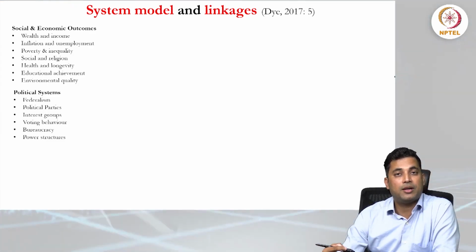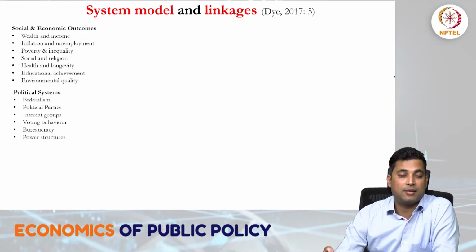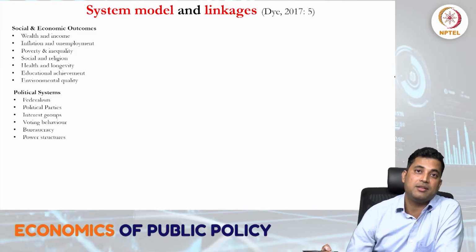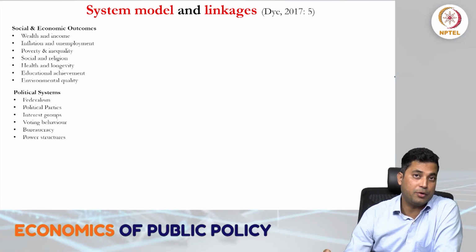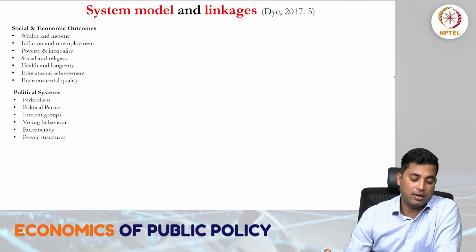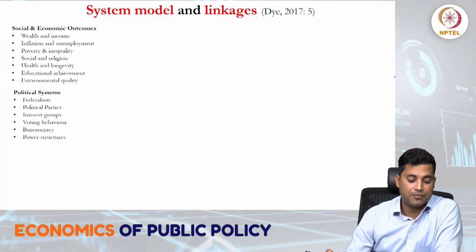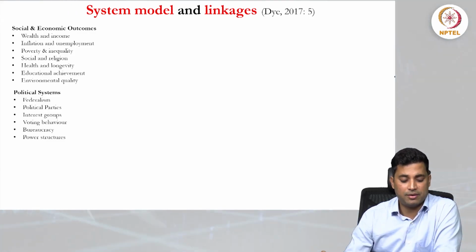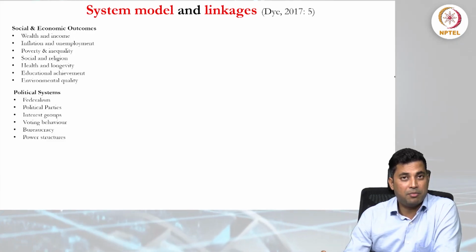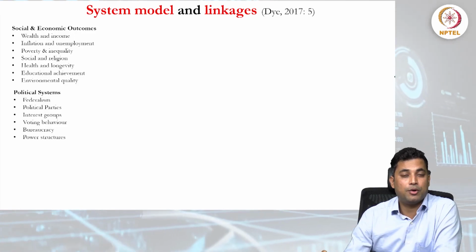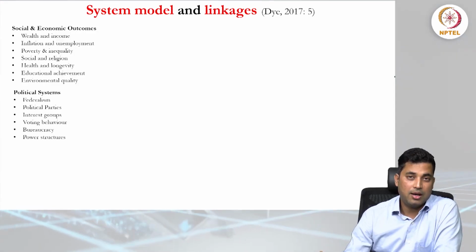Different political ideologies are important, because they have an impact on the decisions on the public policy and also on the outcome, and therefore political parties are important organizations in the political systems. Different interest groups are important. And when we are talking about people and also policymakers, voting behavior actually plays a very important role.